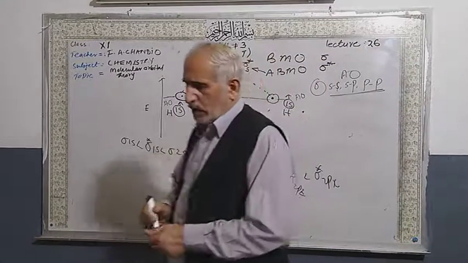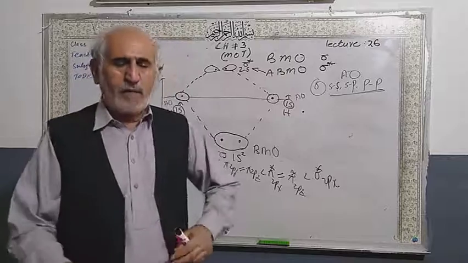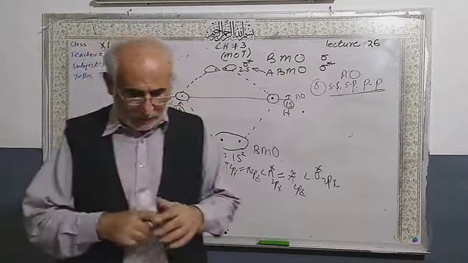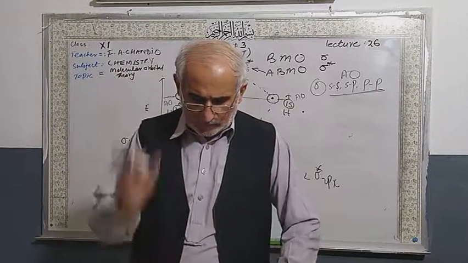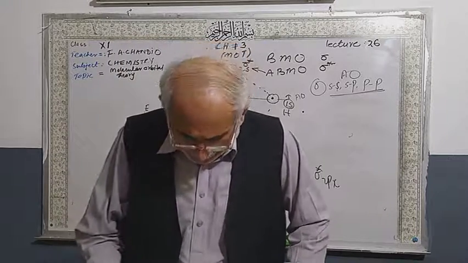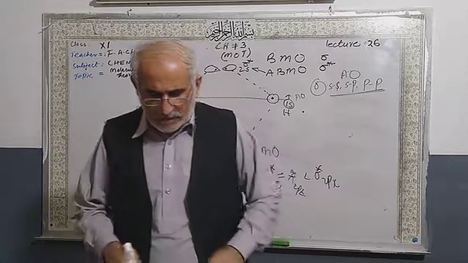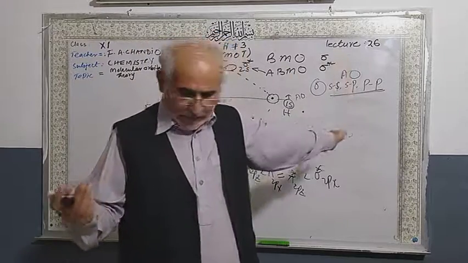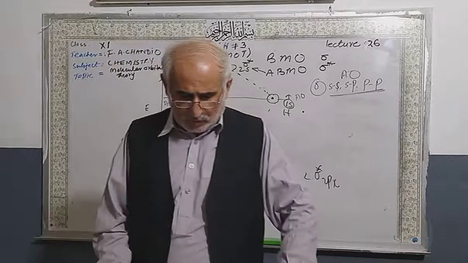A sigma bond is formed between these with head-on, end-to-end, linear overlapping. Head-on approach can take place between s and s, s and p, as I have already mentioned here.